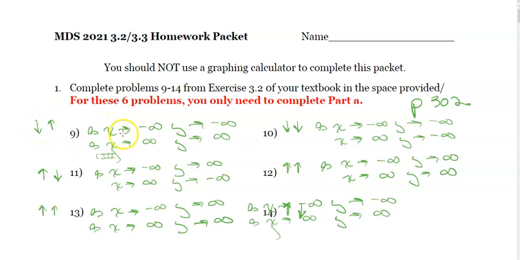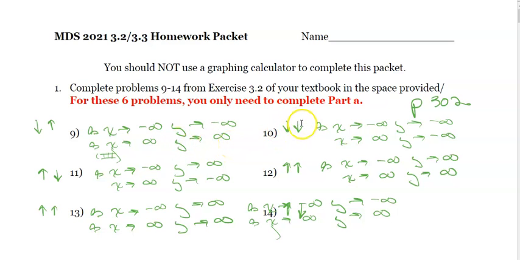You have to write this out. So if you're on the left side of your graph, and this is an odd degree, as x goes to negative infinity, which always happens on the left side of your graph, where is y going? Y is also going to negative infinity. On the right-hand side, as x goes to positive infinity, that's where y is going as well.